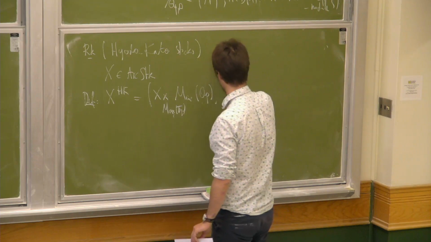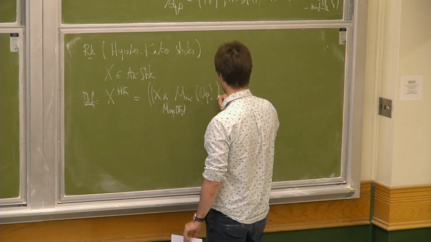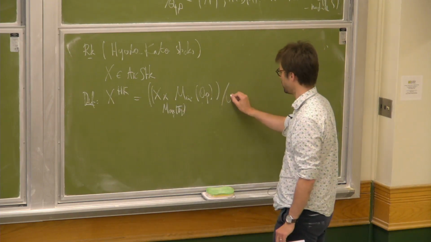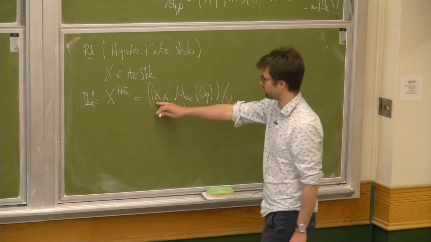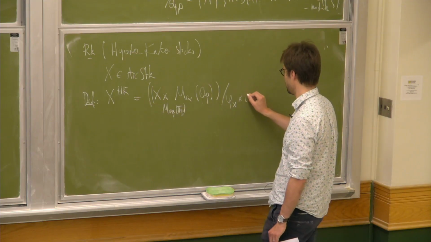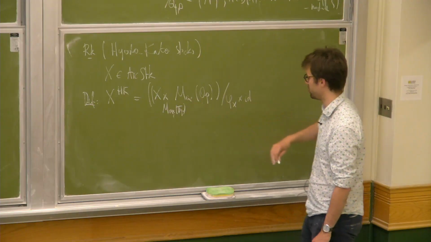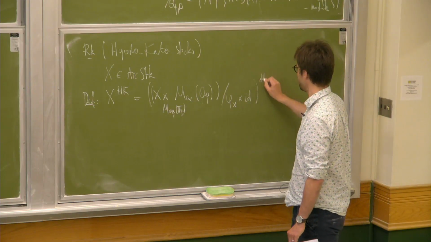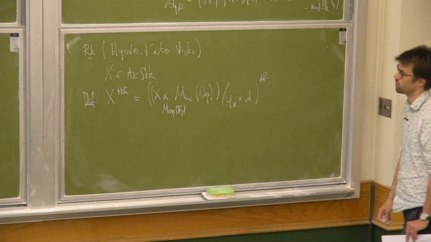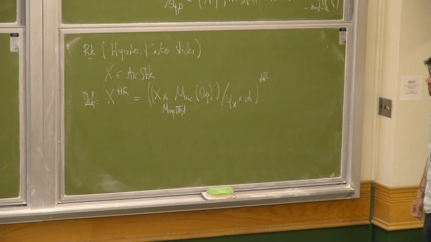And if you want this Yang-Kato stack, there is a natural Frobenius on X, just because it's a functor on perfectoid spaces in characteristic p. And so I want to mod out by Frobenius on X and identity on the other factor. And then I take the de Rham stack. So that's something you can now make sense of.